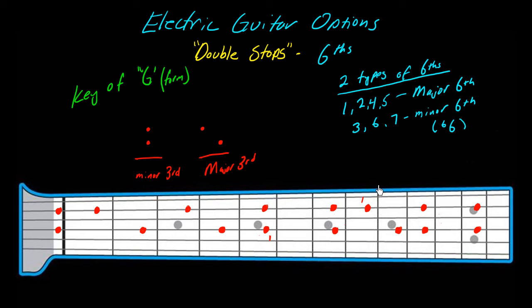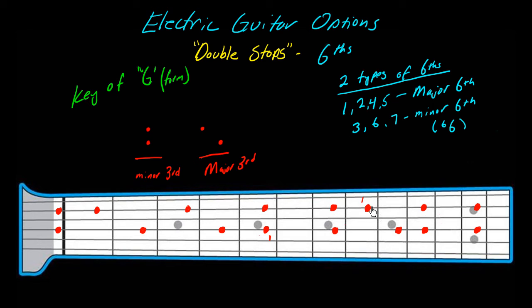And for the inverted third, we basically used the notes on this B string as the root, and the notes on this D string were the thirds. Well, it's going to change. It's going to flip for sixths.